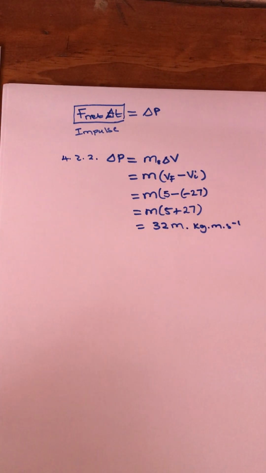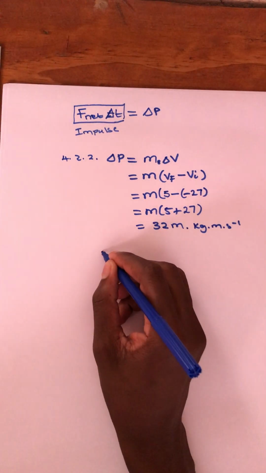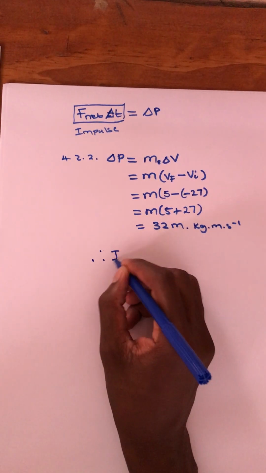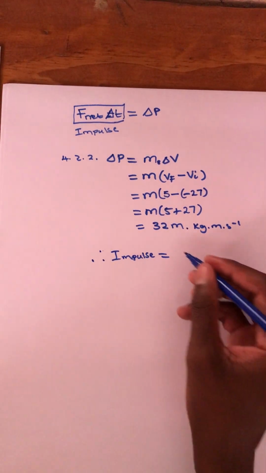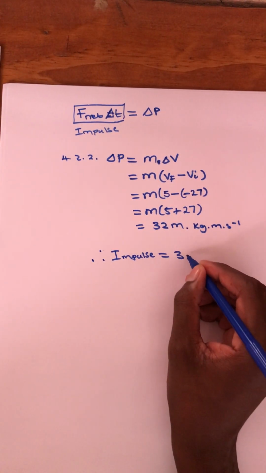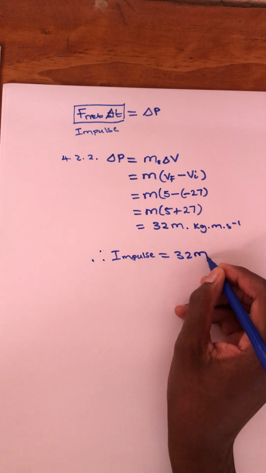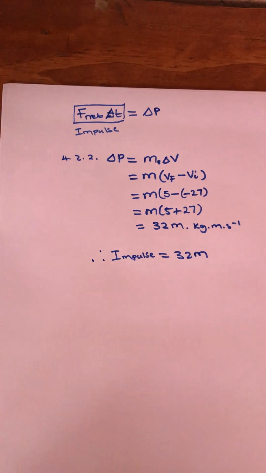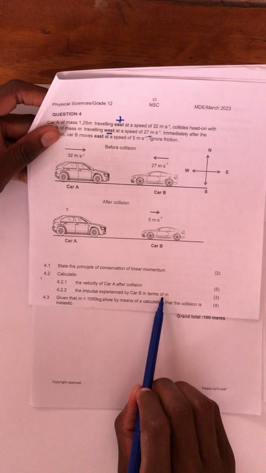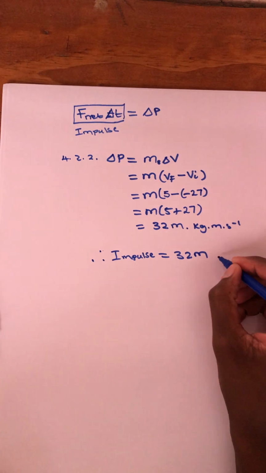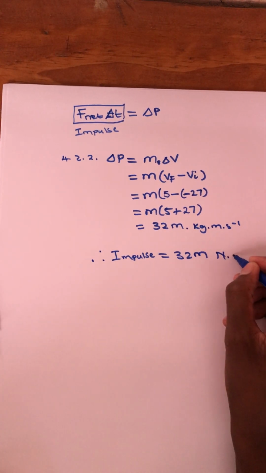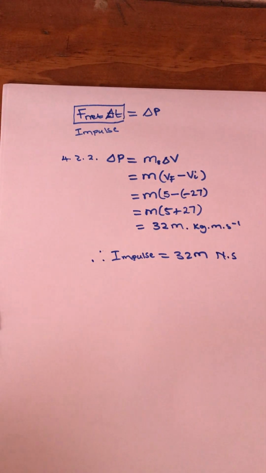So now what is the impulse? Therefore, impulse is equal to 32 m, since the question said in terms of m, so the impulse should be 32 m Newton seconds.